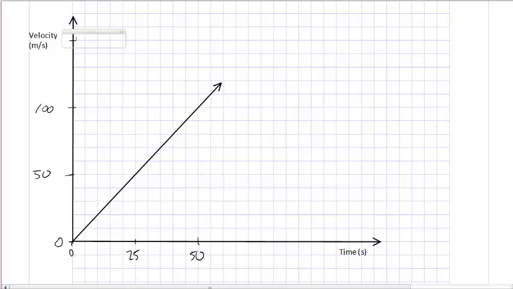Now, if we use the same procedure we did last time, and if I find a good meeting point, let's say this one seems to be a good point right here.